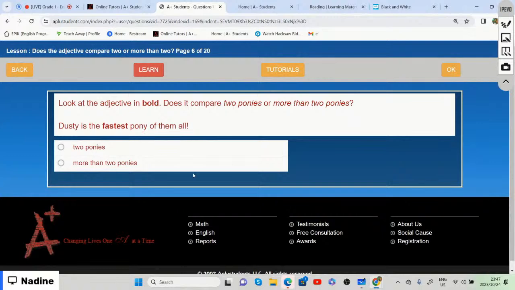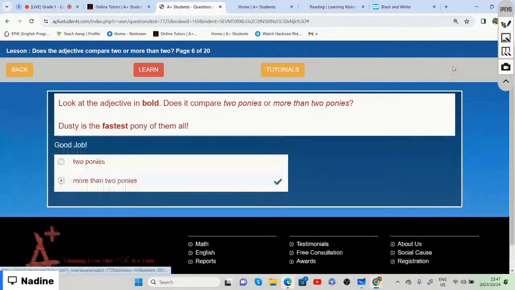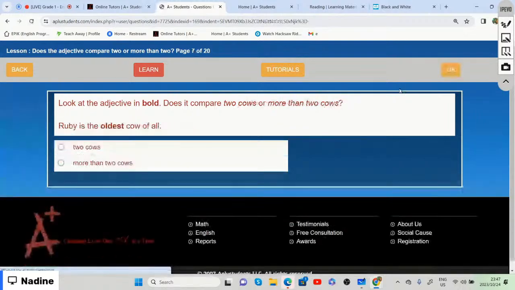All right, in this case, this is a superlative because we are comparing more than two ponies. So more than two is correct, and that is a superlative adjective. Well done.